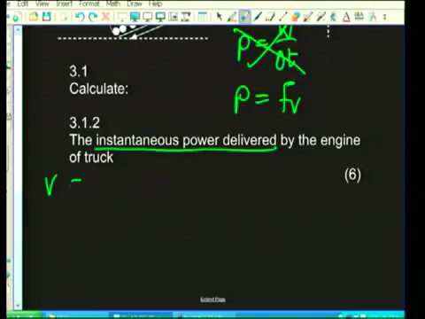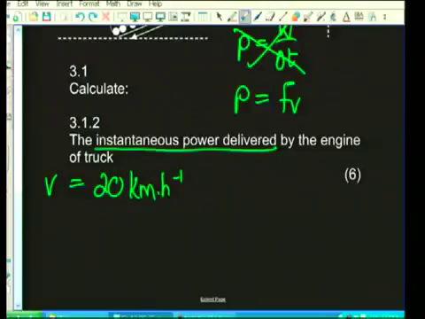My V was 20 kilometers per hour. We can't use it in kilometers per hour, it must be meters per second. Little trick: you don't have to show the conversion, but make sure you write this down somewhere. To go from kilometers per hour to meters per second, we divide by 3.6.